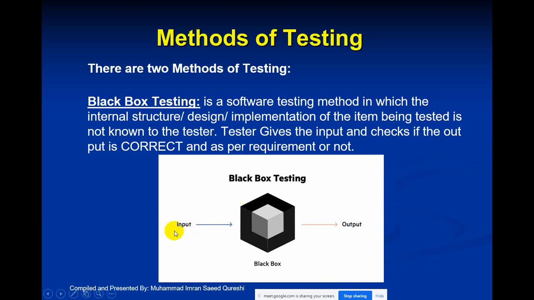So I will try to give it the input and check how it responds. Will it accept? If it accepts -1, then error, then there is some issue. So in this way we do not open the code, we look at the software and then we just give it the values and check the output.